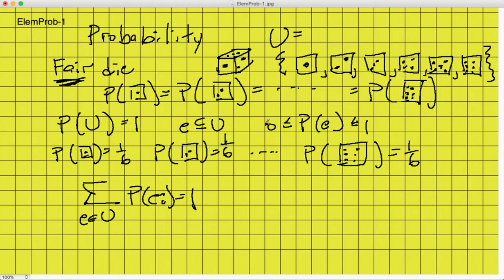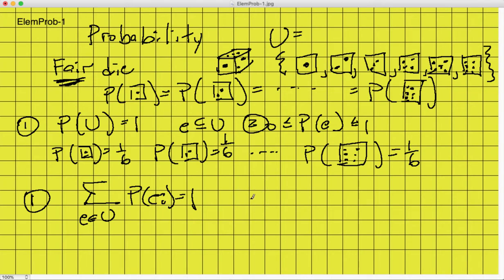So we have a couple of other things here. You might consider this an axiom. You might consider this an axiom. This over here is just a restatement of this one over here. So I'm going to call this 1 again. We have some other notation.